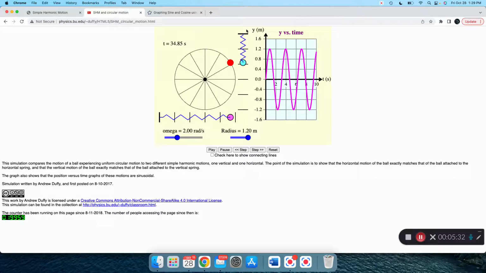So a mass on a spring is equivalent to a ball going around a circle, where if the mass is bouncing up and down, we're measuring the vertical distance, the sine value of this angle here. And if our mass on the spring is going back and forth like this, we're measuring the horizontal position or the cosine of the angle.